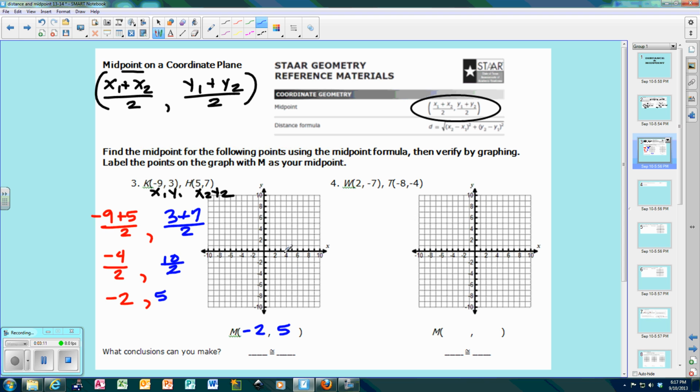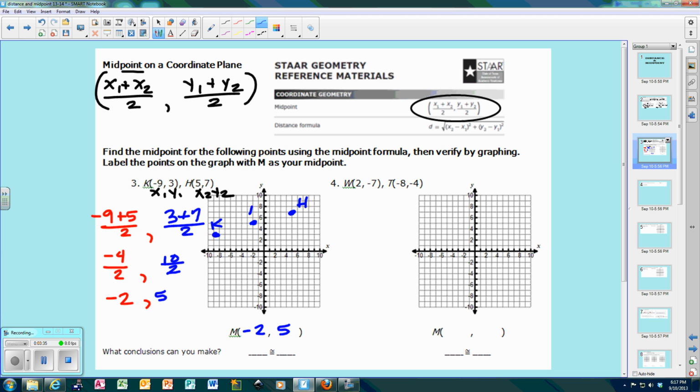So now I'm going to plot the points. So I go over 9 and up 3. 1, 2, 3. So there's point K. And 5, 7. So there's point H. And then my midpoint is -2, 1, 2, 3, 4, 5.